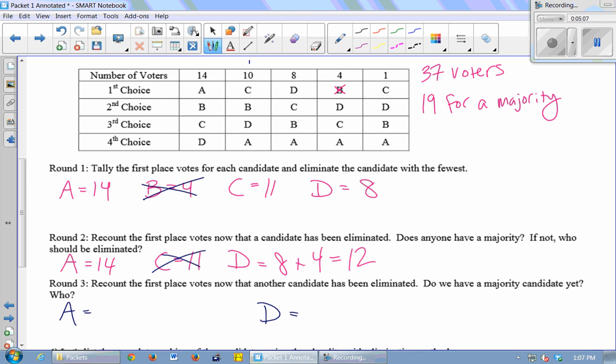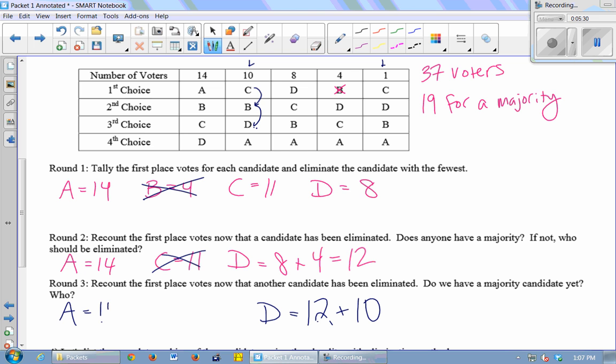This column and this column had C in first place. These 10 people would have chosen B, but B's gone. We eliminated them in the first round. So their votes are going to have to go to D. D had 12 in the last round, and then we're going to give them these 10.